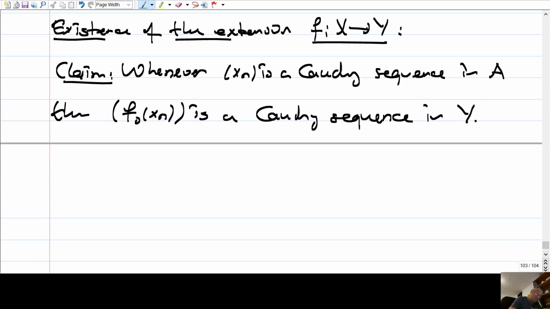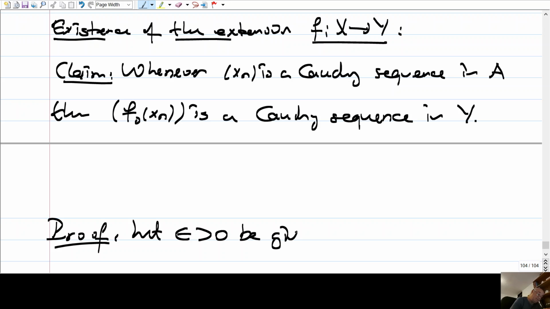Let's see first this proof. So let epsilon be given. I want to show that this is a Cauchy sequence, so I have to find an index, right? But first, f0 is a uniformly continuous function.